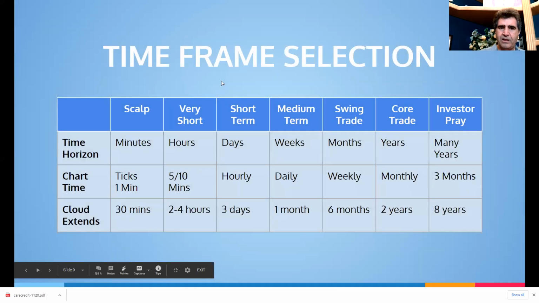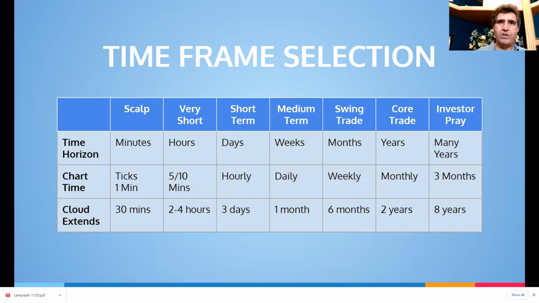So what time frame should we use if you want to be trading, and how long is your objective? This is important, and the reason I show this, again, we will see it in charts, is if you're planning on holding something for just a few days, you look at the hourly chart, and they are good for 3 to 4 days.